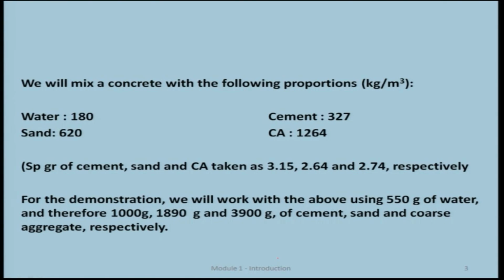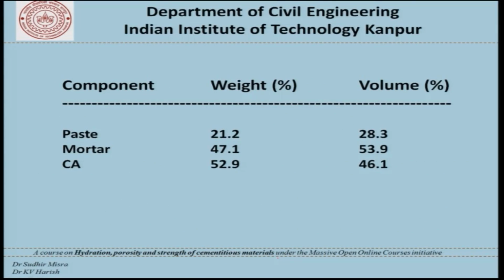For this demonstration we will work with the above using 550 grams of water and therefore 1000 grams of cement, 1890 grams of sand, and 3900 grams of coarse aggregate. Taking the specific gravity of these constituents to be 3.15, 2.64 and 2.74, the paste, that is the water and cement alone, will be 21.2% by weight and about 28% by volume.